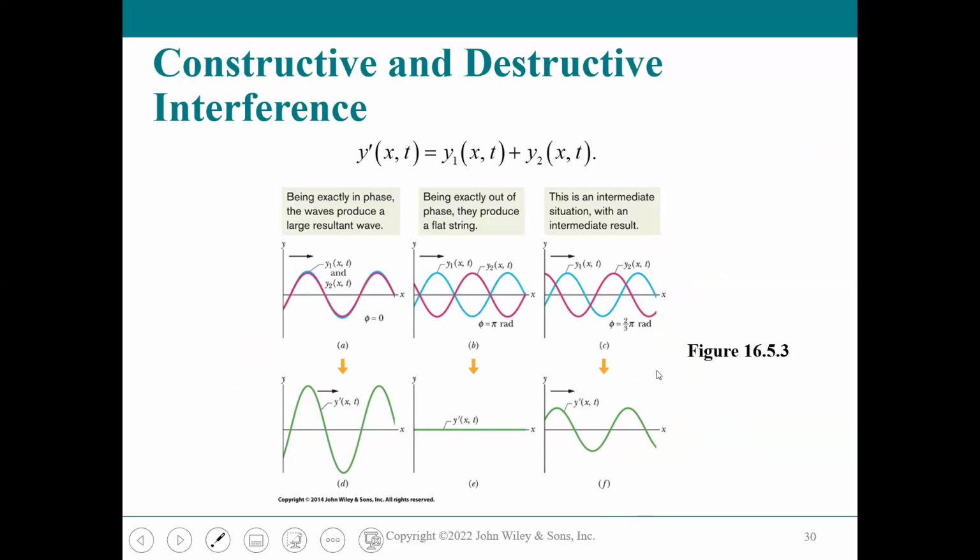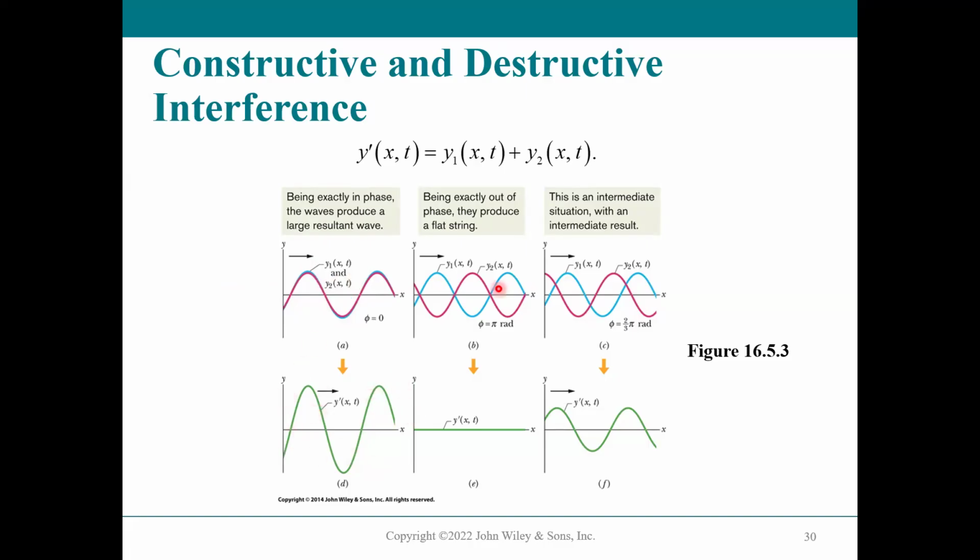And then constructive and destructive interference. If the phase is the same, it becomes constructive interference. But if the phase is different, especially different by 180 degrees or pi radian, it means destructive interference. This one is two waves in the same phase, y1 and y2, so they will make the amplitude higher.